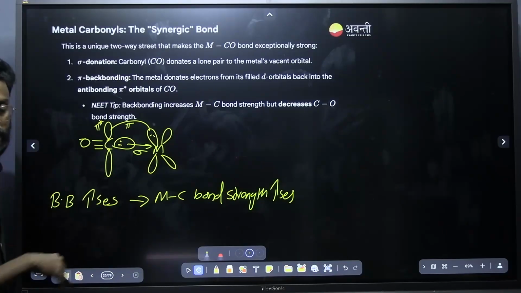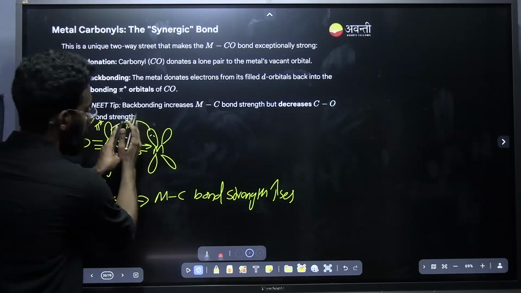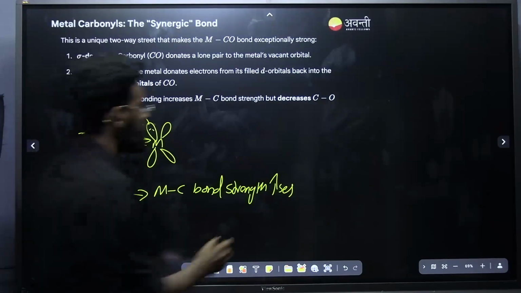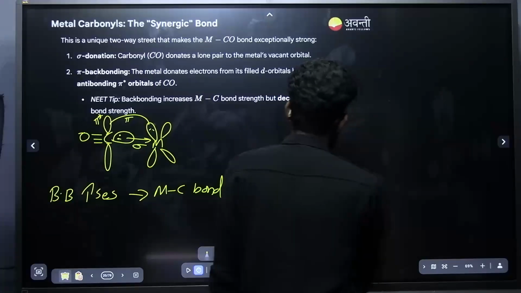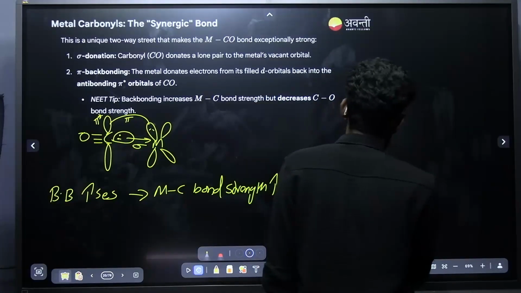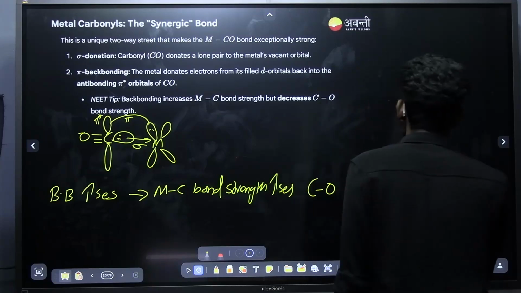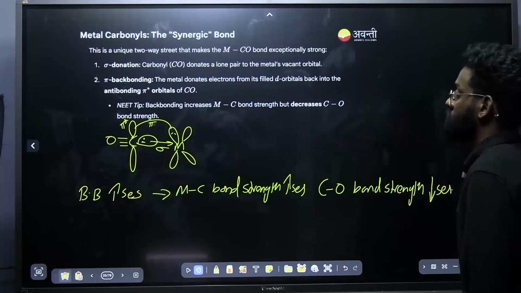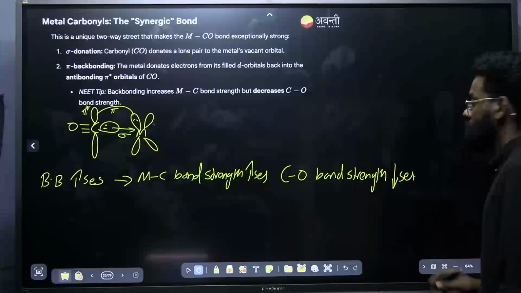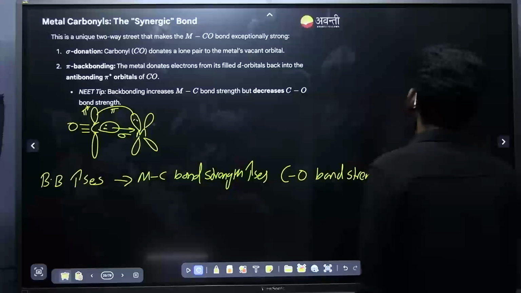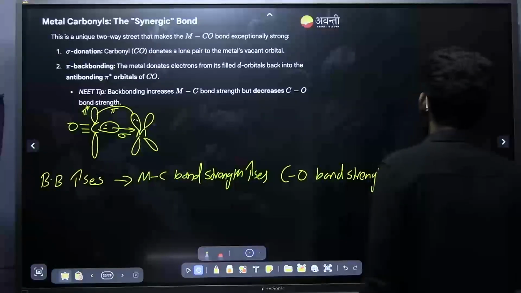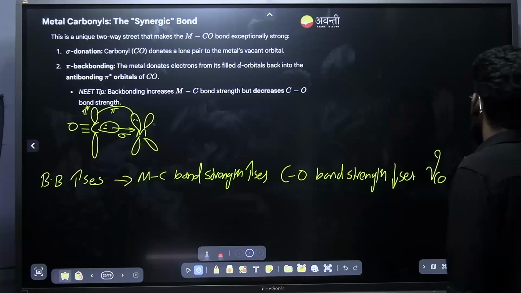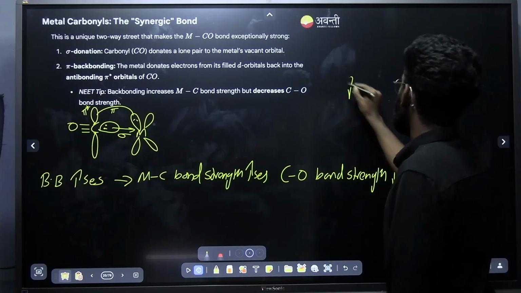Will it increase or decrease? If the metal carbon bond is closer or stronger, the carbon oxygen bond strength will decrease. Now one more question can be asked, about the stretching frequency of carbon oxygen, that is nu CO. If the carbon oxygen bond strength decreases, the stretching frequency of carbon oxygen also will be decreasing.